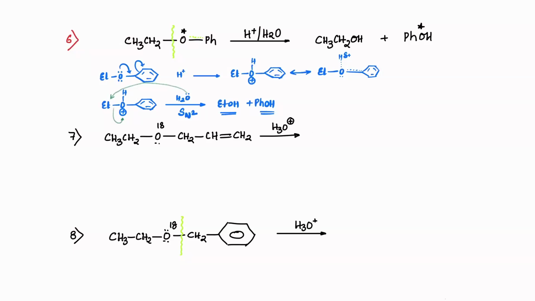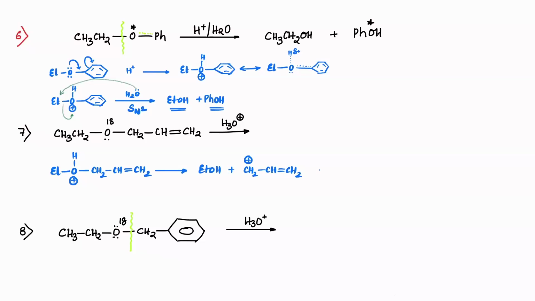Let me write the mechanism here. EtO with CH2CH=CH2, which is followed by protonation first, and then you would have to break this bond into ethanol and then get CH2CH=CH2 plus.